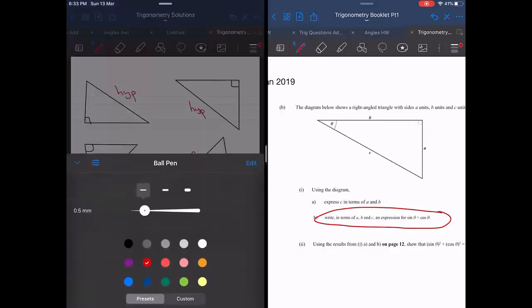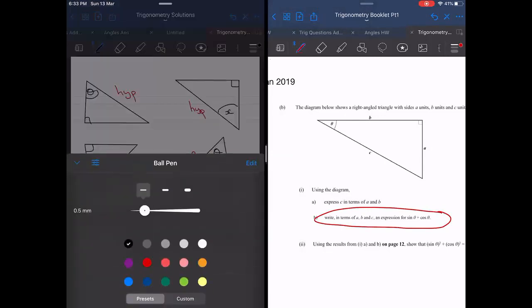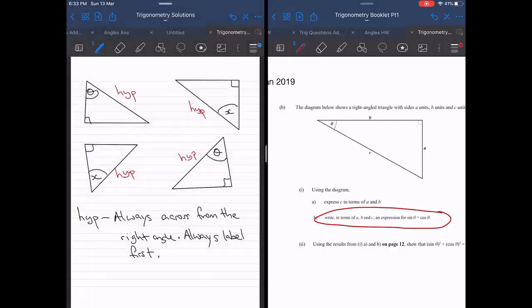Then it also depends on where the angle is. After you label the hypotenuse, that leaves only two sides.